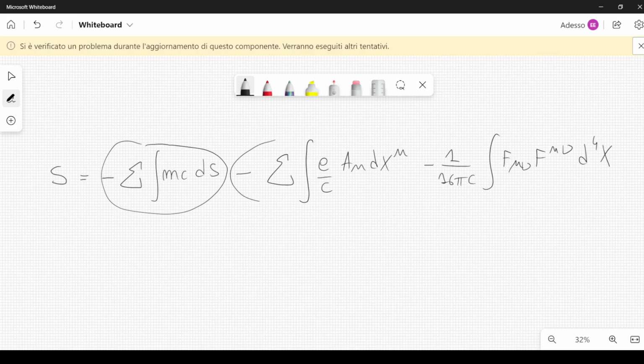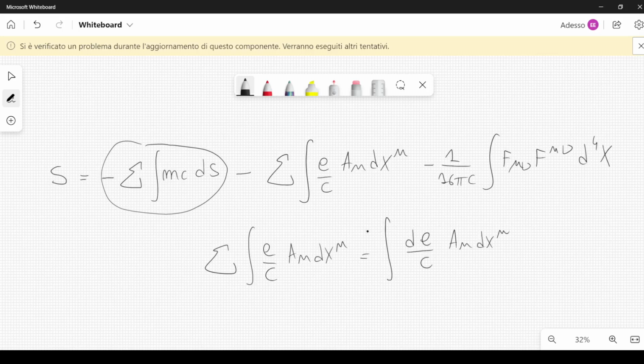Let's rewrite this second term here. So the summation of integrals of this kind, e over c A mu dx mu. In order to rewrite this expression, let me first rewrite it like this, integral de over c A mu dx mu. So in this case, I have simply rewritten the charge. Instead of the charge being discrete, I have rewritten it in terms of an infinitesimal quantity de, and then of course we have to integrate also over the charge here.